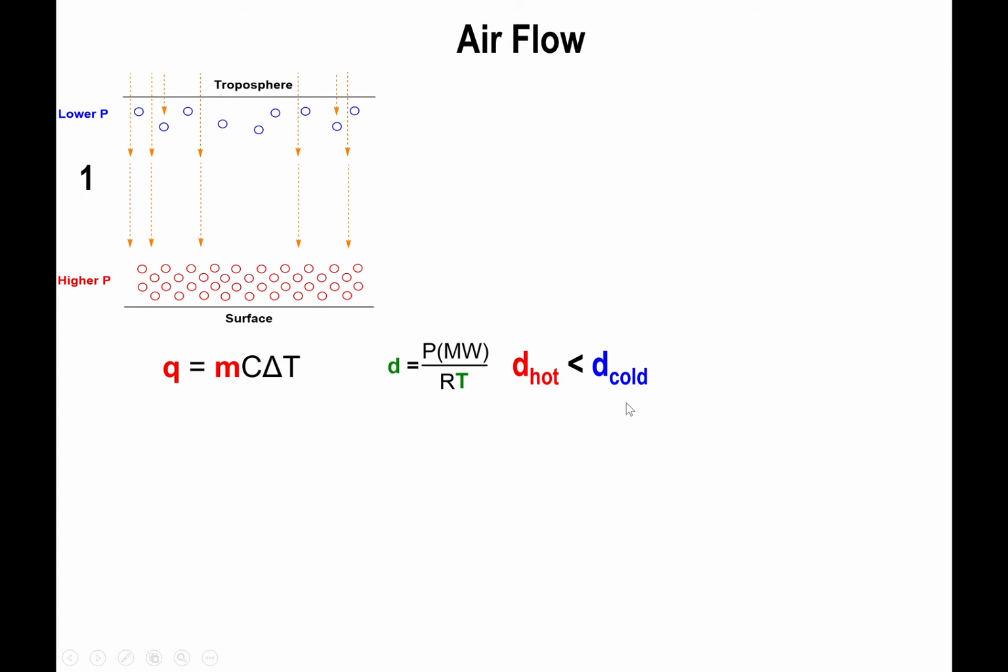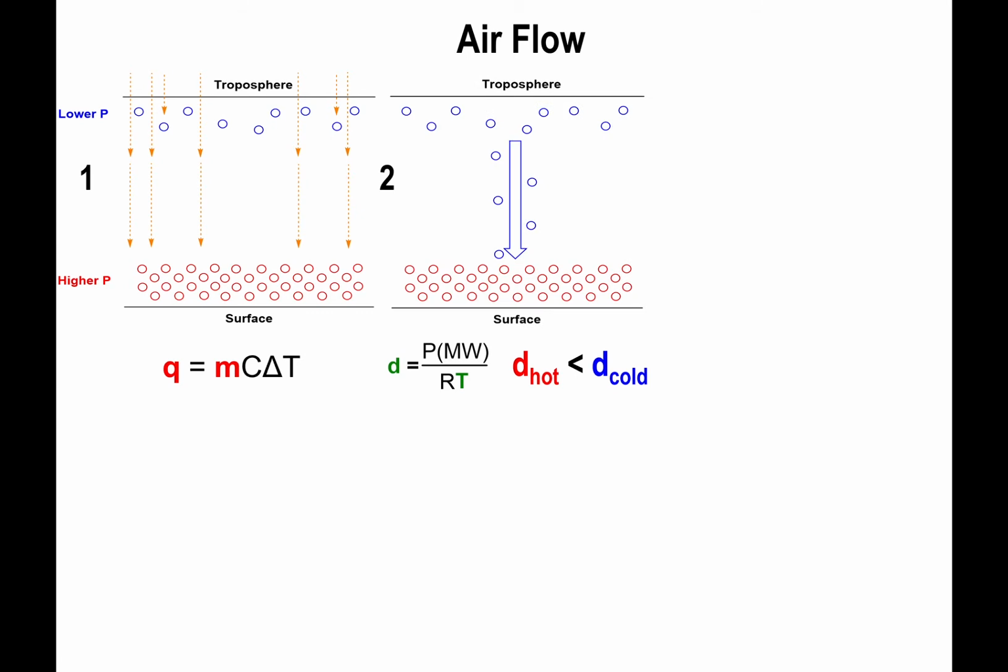And from your experiences in the lab where you add a substance that is higher in density to one that is lower in density, the higher density substance tends to sink in. And so something similar happens right here. The troposphere gases that are lower temperature are technically denser than the gases closer to the surface because they are colder.